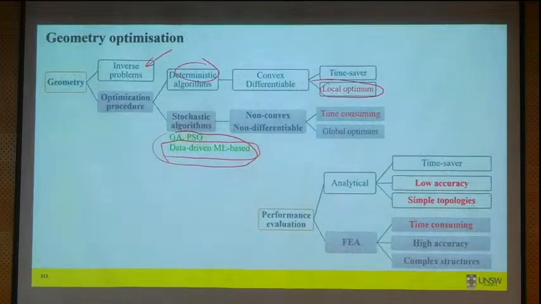Although the genetic algorithm is often preferred, mainly because in geometry optimization we have a limited number of geometrical parameters, and GA seems to work better or more efficiently numerically compared to PSO.